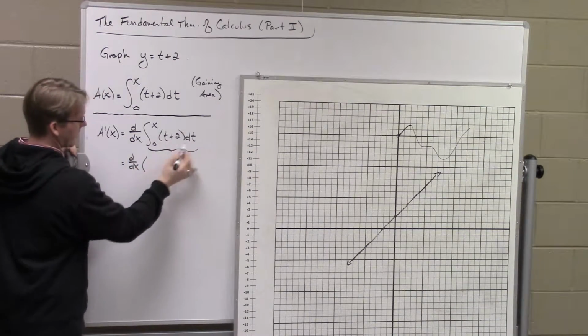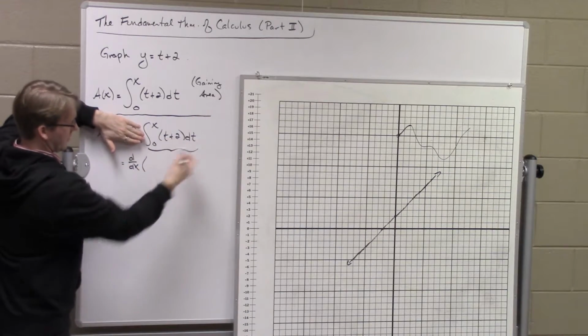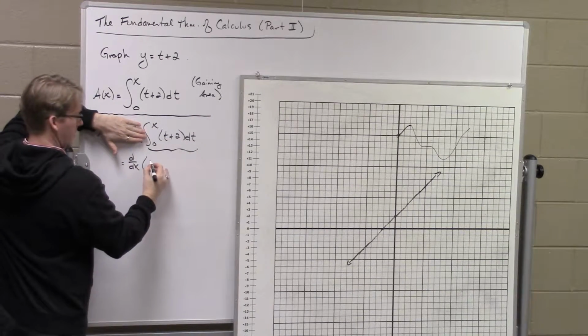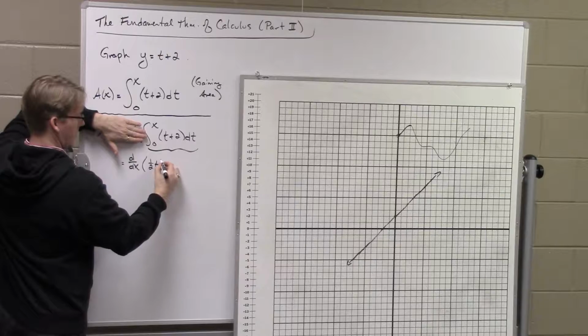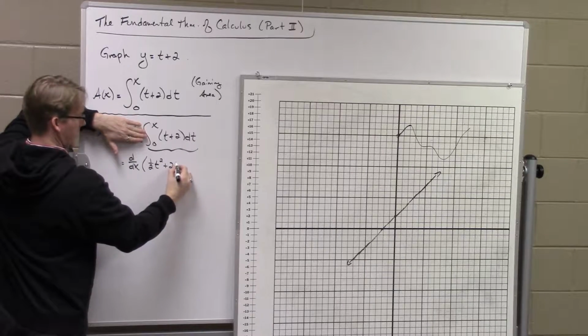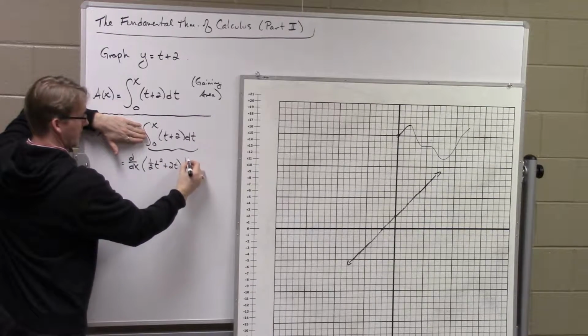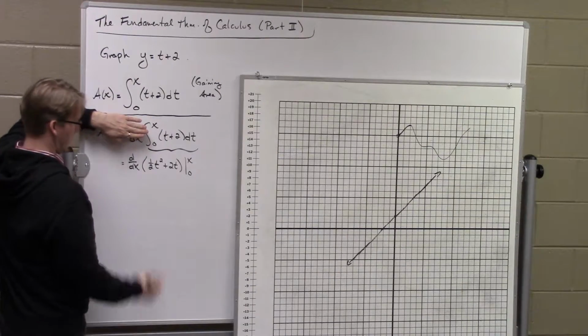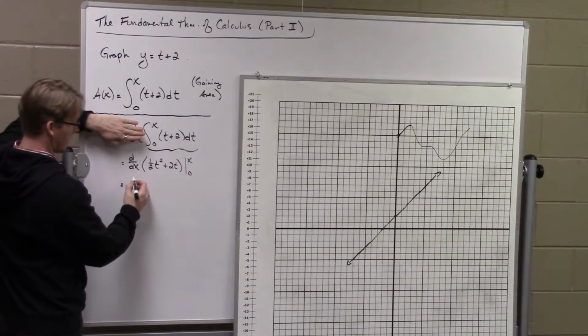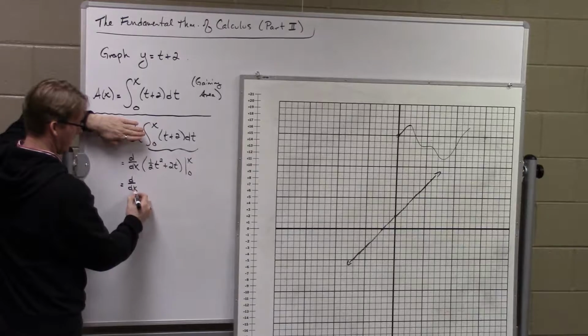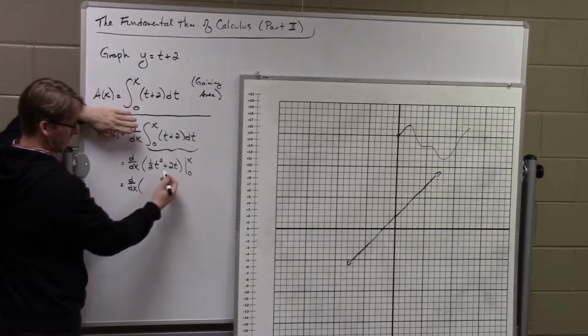If you would be so kind, let's do the antiderivative. We have t squared plus t from 0 to x, okay? Still cannot take the derivative yet, I need to go ahead and plug these things in, all right? Oh, okay.